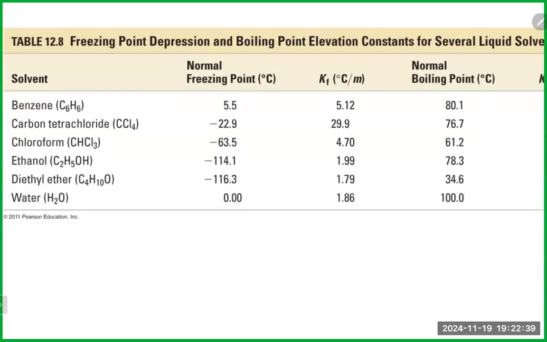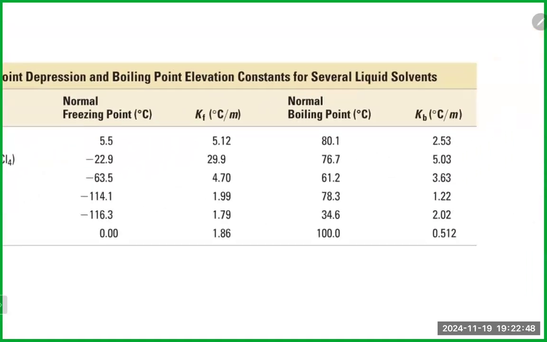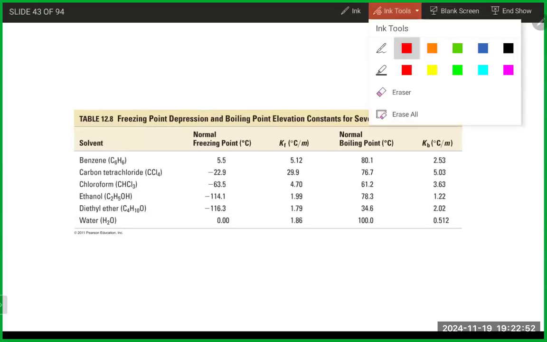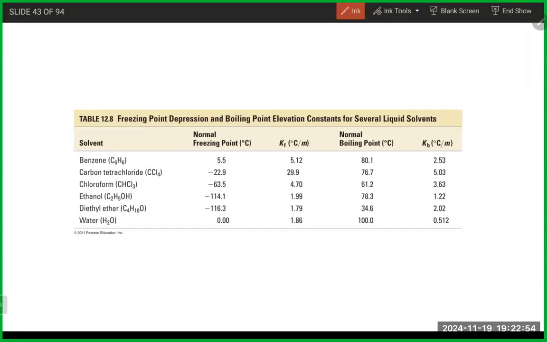So what we've got going on here are solvents. On the left, we have the normal freezing point temperatures, and we have our Kf value and Kb value. It is important to remember that if water is not the solvent, but maybe one of these others, they will have different freezing points and different boiling points.